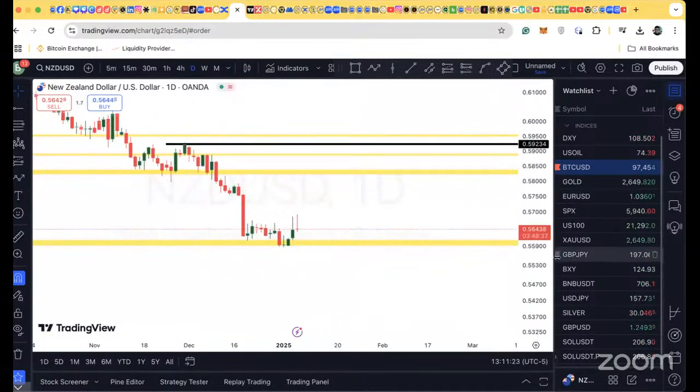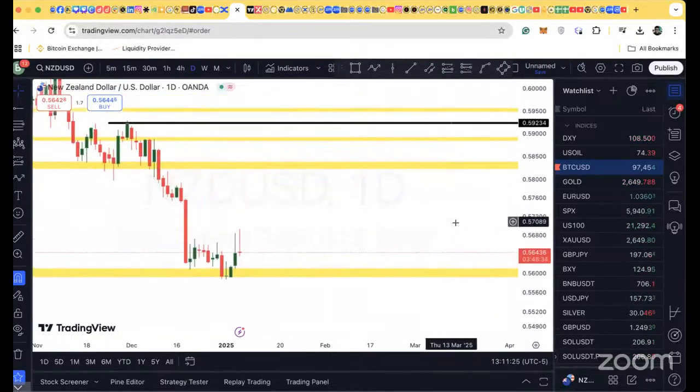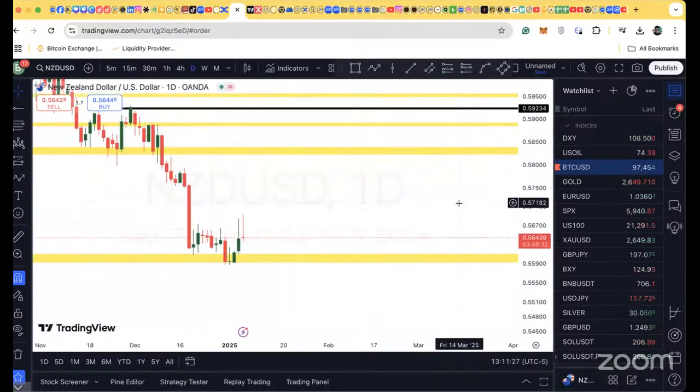So we have the setup on daily looking like this. And we have a 3 candle pattern. 1, 2, 3, in fact, 4, showing us a sign of something that looks like the beginning of a new move here.